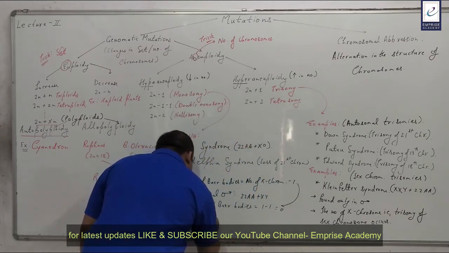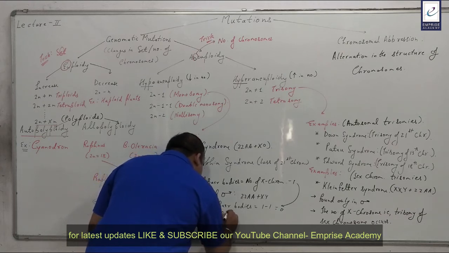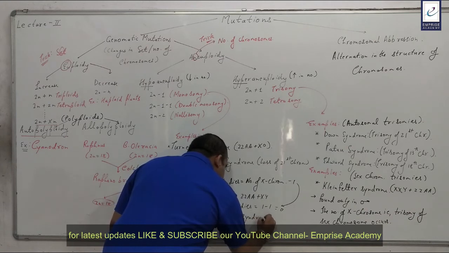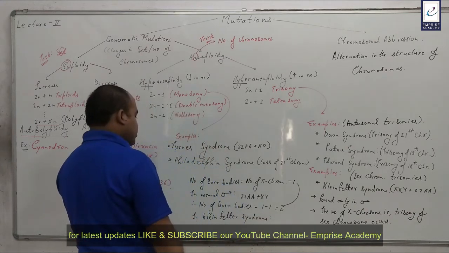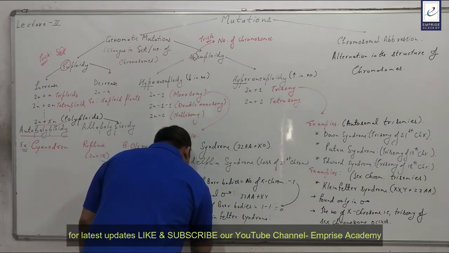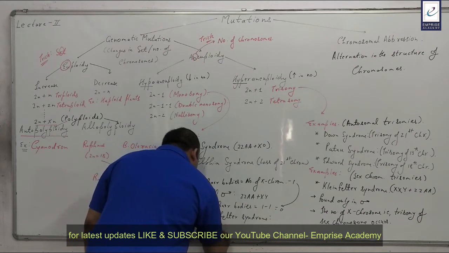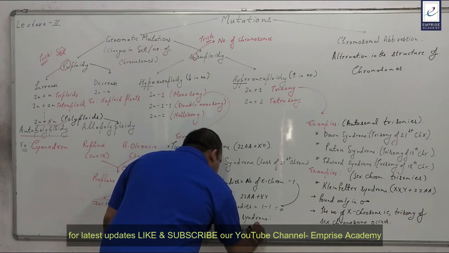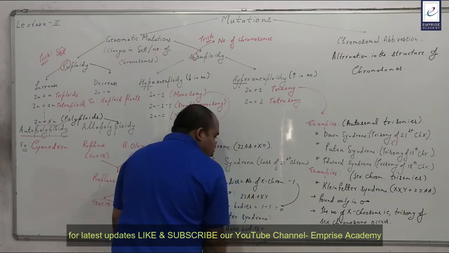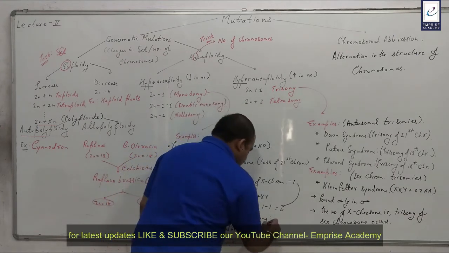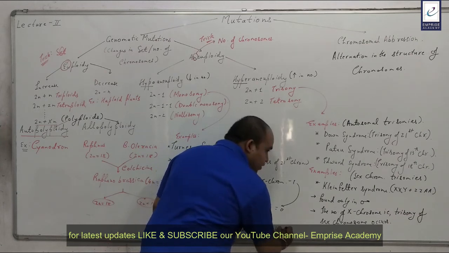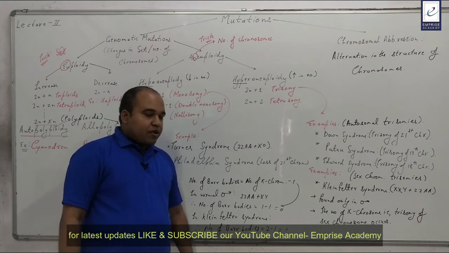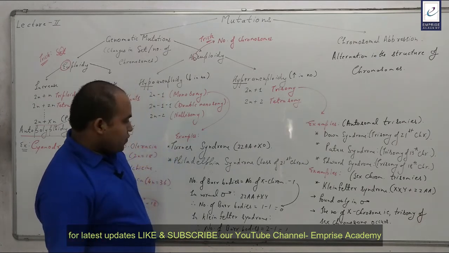In Klinefelter syndrome, what is going to happen? Number of bar bodies equals, there are 2 X chromosomes minus 1, so there would be 1. So the number of bar bodies has been increased to 1.